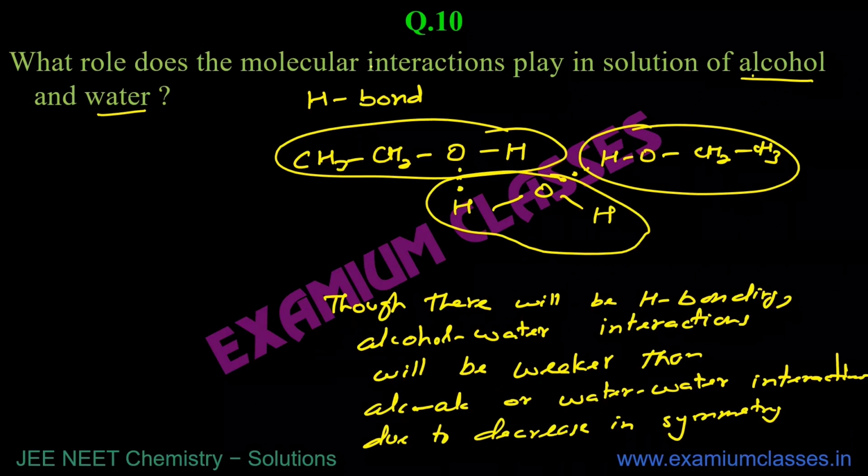Okay, it will be positive deviation, and the reason is because the interactions become weaker.